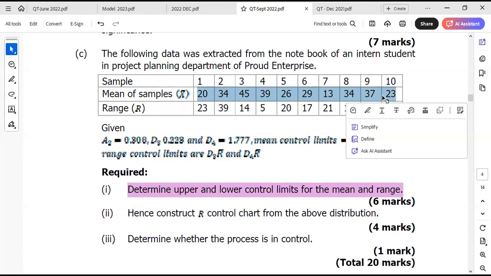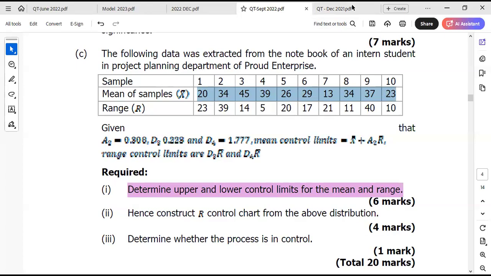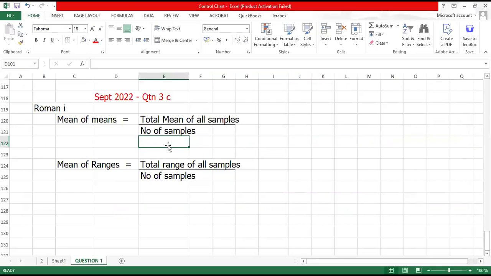What do you get? 30. That is range, or mean? Mean. You're getting what? This one? I've got 30 here. I don't know whether others also have that.